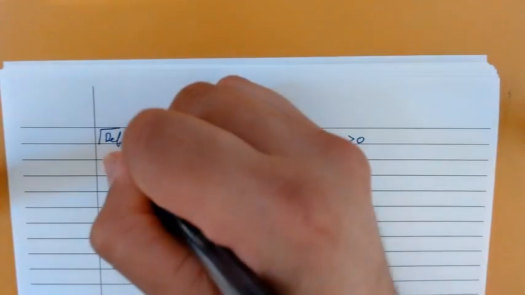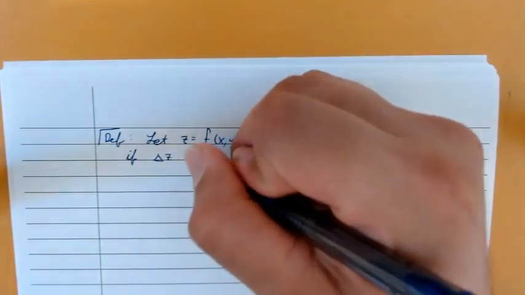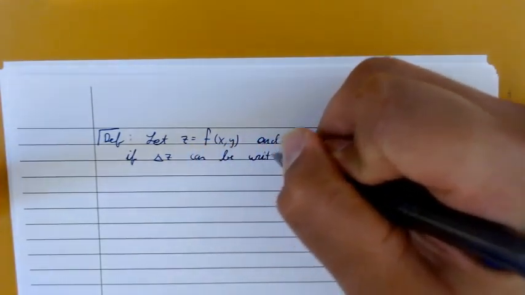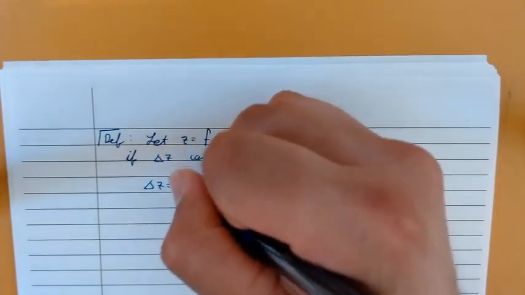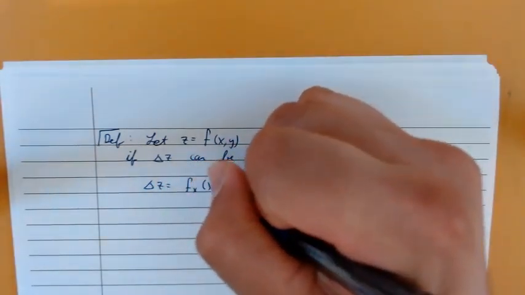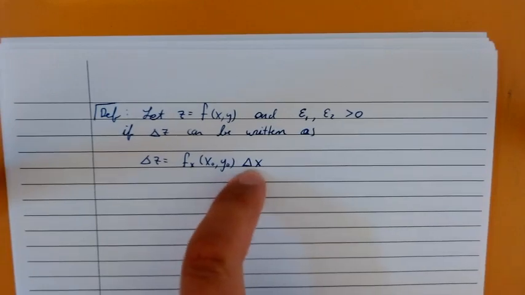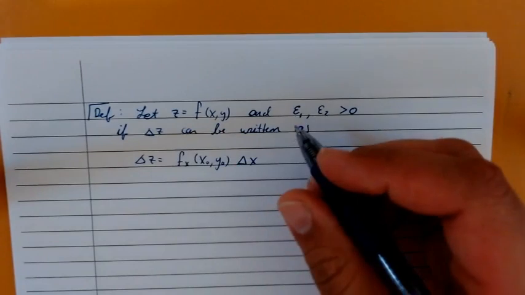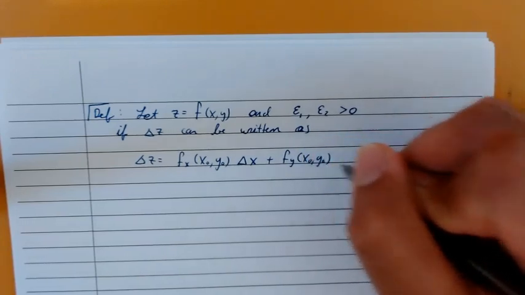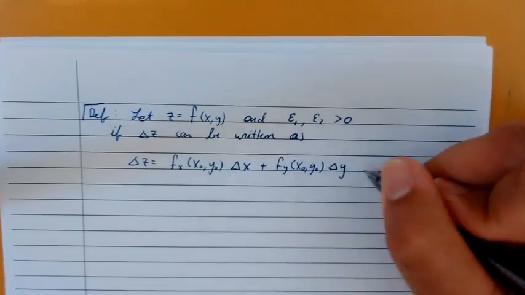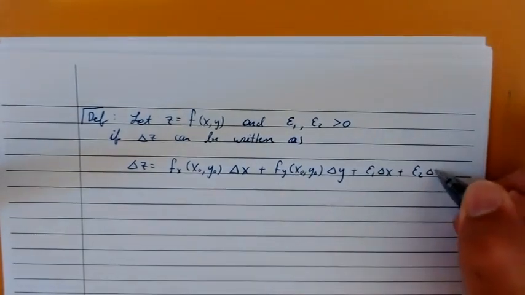If delta z, your increment of z, can be written as delta z equals the first partial of f with respect to x at a particular point, x naught, y naught, times the increment of x, or if you want to say dx, they are interchangeable for a function of two variables, plus the partial of the function with respect to y at the point x naught, y naught, times delta y, plus this constant epsilon 1 times delta x, plus this other constant epsilon 2 times delta y.